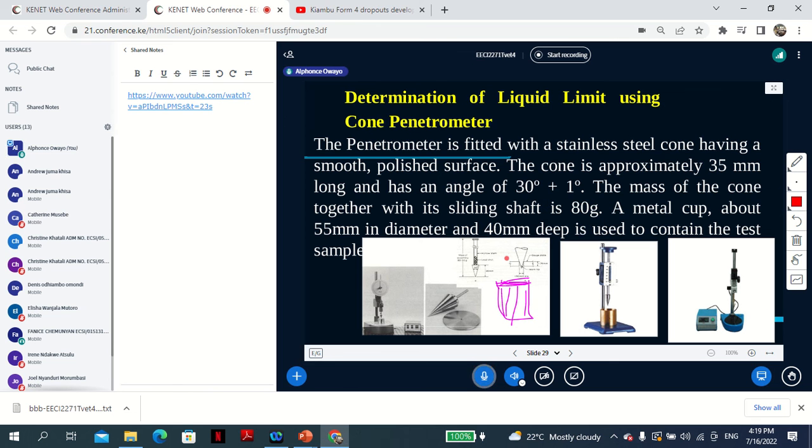Then you bring the tip of your penetrometer, preferably at the center, and make sure it is temporarily touching for 5 seconds.